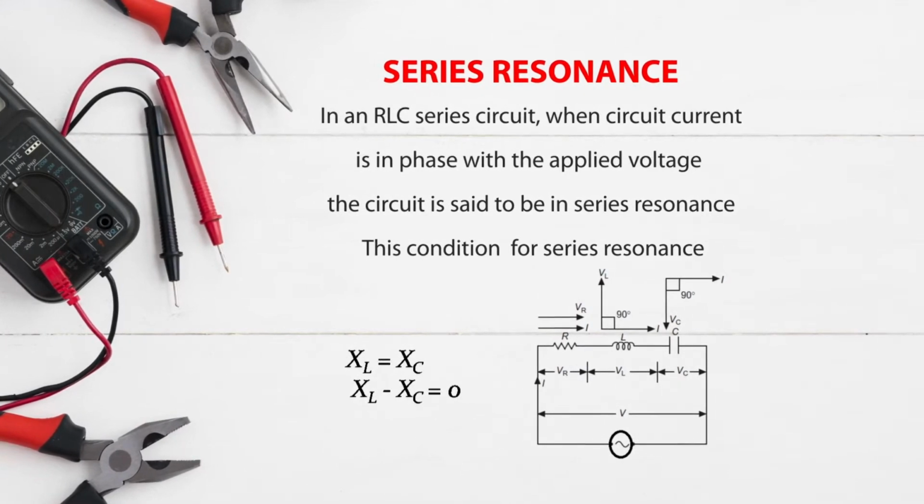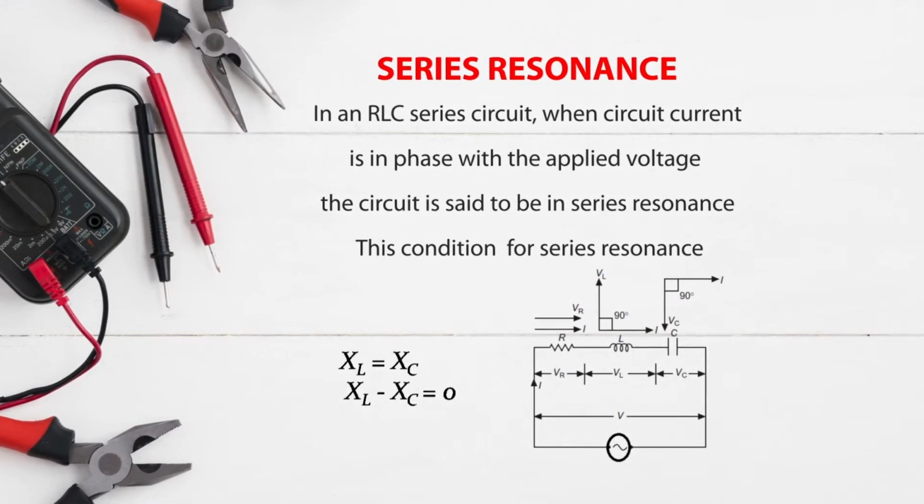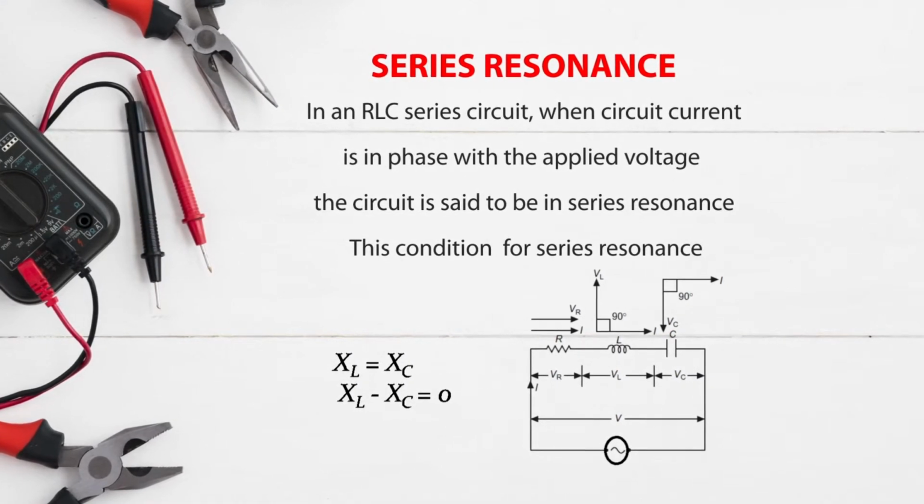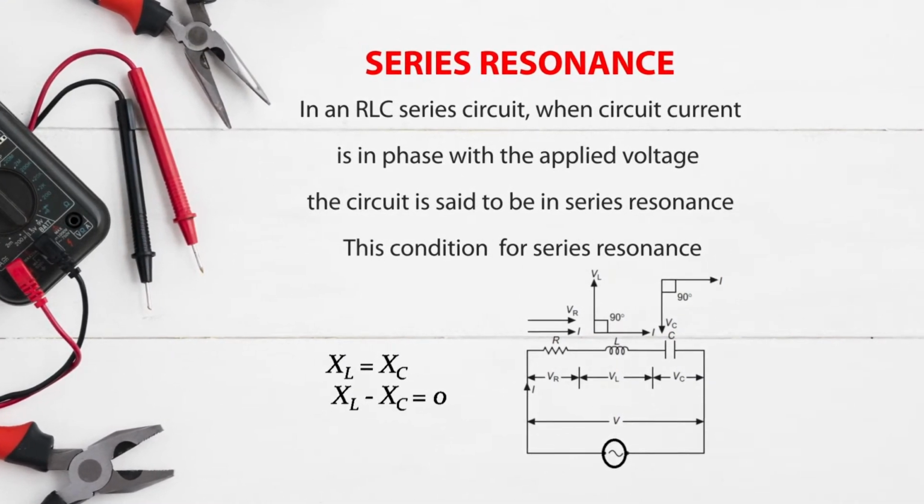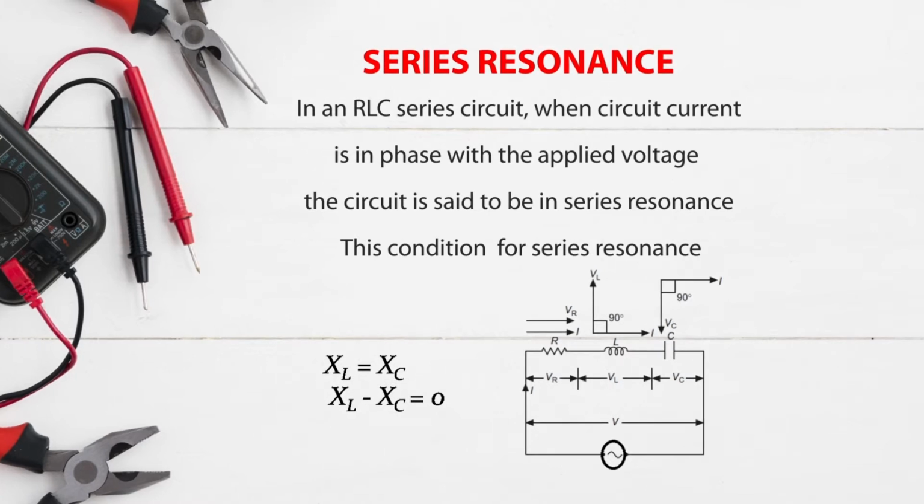The voltage across resistance R is V suffix R, voltage drop across inductance is V suffix L, and voltage drop across capacitor is V suffix C. This condition is obtained in the RLC series circuit, as shown in the figure, when the inductive reactance XL is equal to the capacitive reactance XC, or in other words, XL minus XC is equal to 0. So for the series resonance, what is the condition? The condition is that inductive reactance is equal to capacitive reactance.